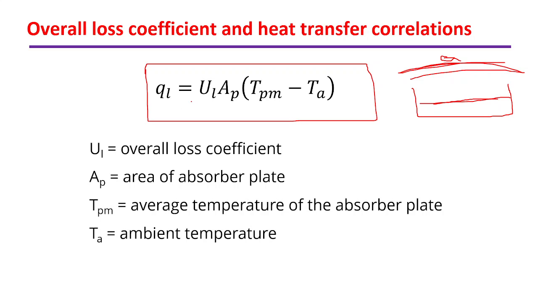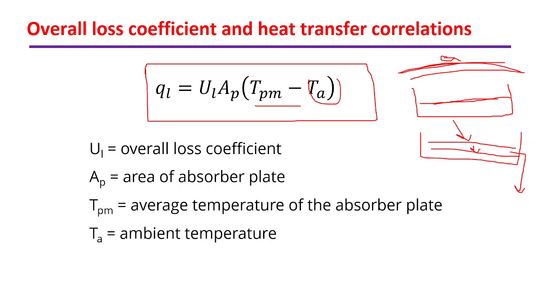Heat transfer means that we have the solar water heater system or the solar collector. The solar light will fall on the collector. Ultimately, we have to increase the temperature of the fluid or the water, so that the water with an increased temperature we can use for our end use purposes, like in the kitchen, for bathing, etc. This is the ambient temperature, and this is the temperature of the absorber plate.